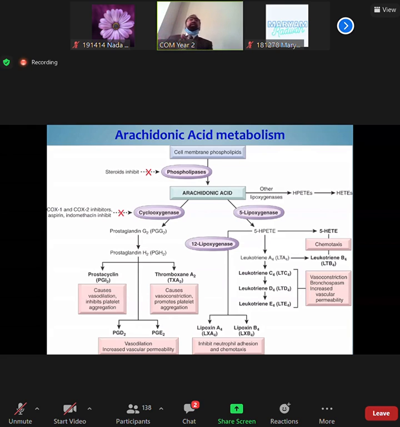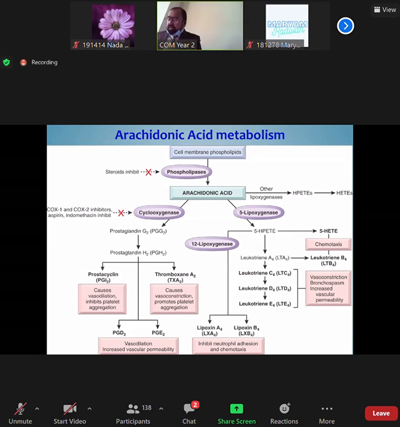So when you need a clot in the blood vessel, thromboxane A2 is stimulated and acts. And if you need to abolish the clot, then prostacyclin will activate. It will inhibit platelet aggregation and also cause vasodilation.